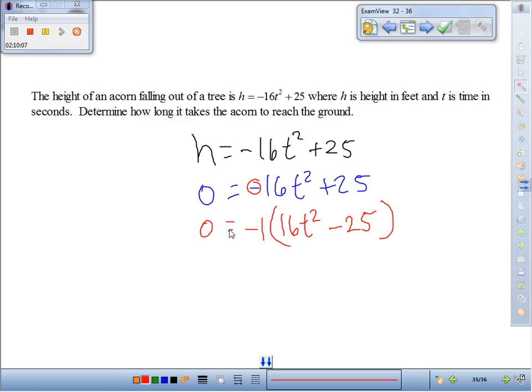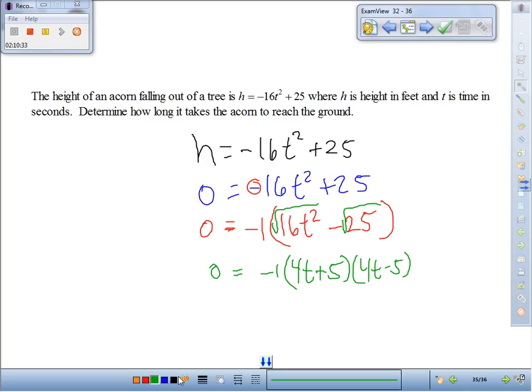Bring down the equal to 0. Are we done factoring? No, look at this one. What does this look like? Let's see if it's a difference of squares. Square root of 16t squared, 4t, square root of 25, 5. Is it a difference? Yeah, so this is 4t plus 5, 4t minus 5. Bring down the negative 1 equal to 0.